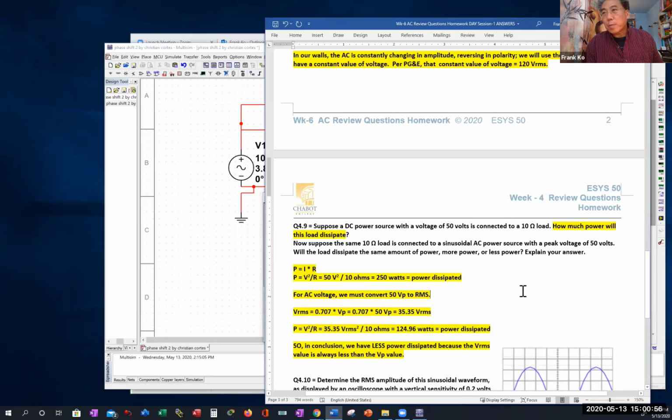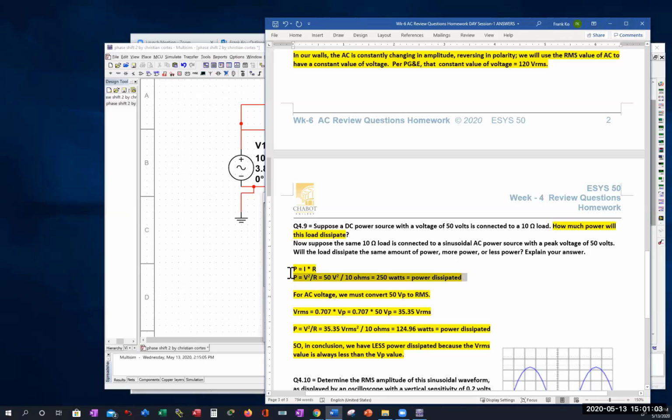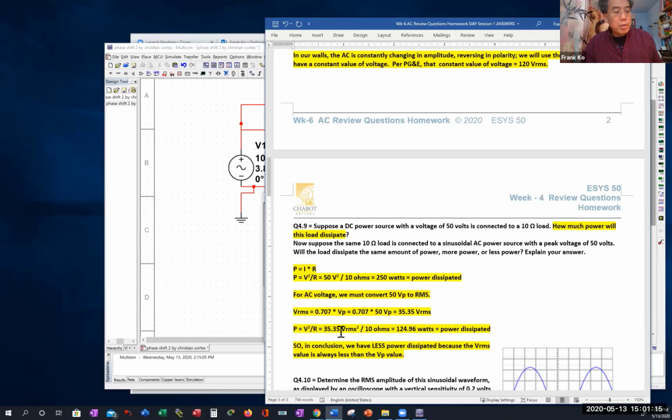There's a couple of parts here, okay? I had a question. On the 35.35, you say you square it and you divide it by 10 and you guys got 124. I'm getting something else. Well, didn't you hear what I said to your friends a few minutes earlier?